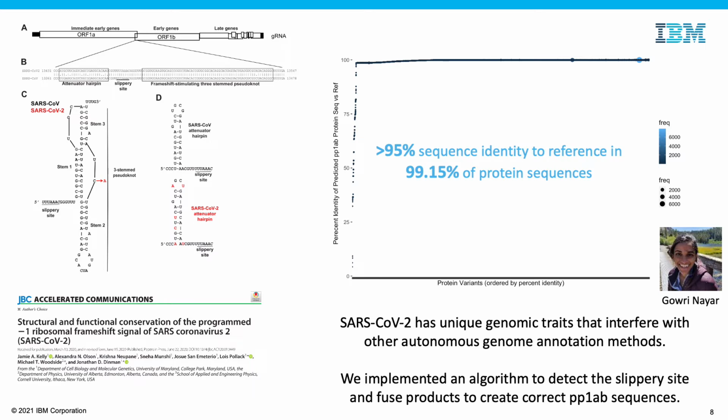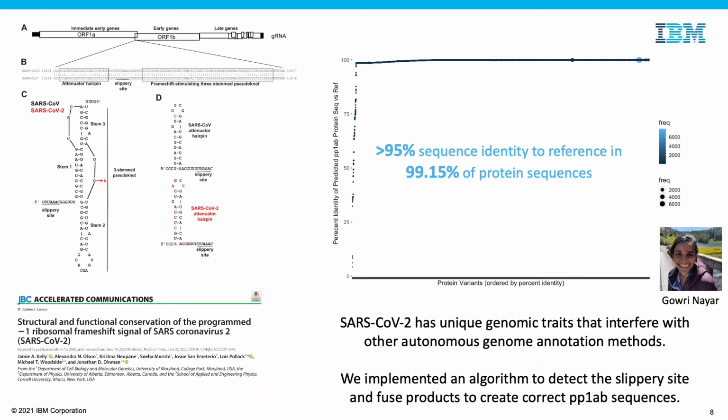On the right-hand side is the plot that demonstrates the sequence identity to references, and it seems like it's a pretty vanilla plot, so to speak, because it's a bunch of white space in the middle, but it's actually a really good thing because on the y-axis is the percent identity to the PP1AB reference sequence, and you can see that we have over 95% sequence identity in 99.15% of our protein sequences.